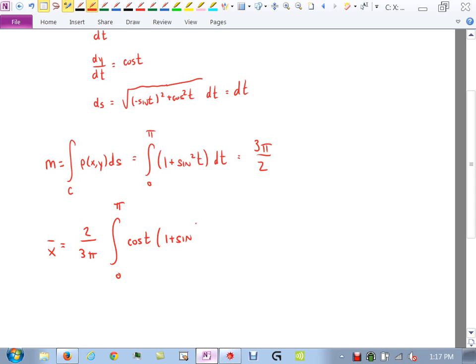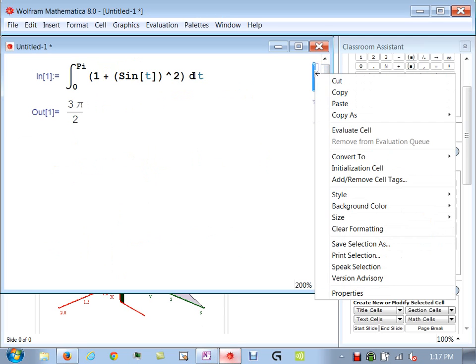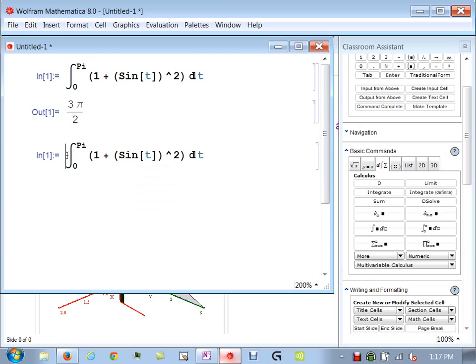That would probably be easier to integrate than the previous one, because you don't even need a power reducing formula. I'm just going to copy this, paste it here, and throw a cosine t in front of it. Zero. And then what's in front of that? 2 over 3, 0.